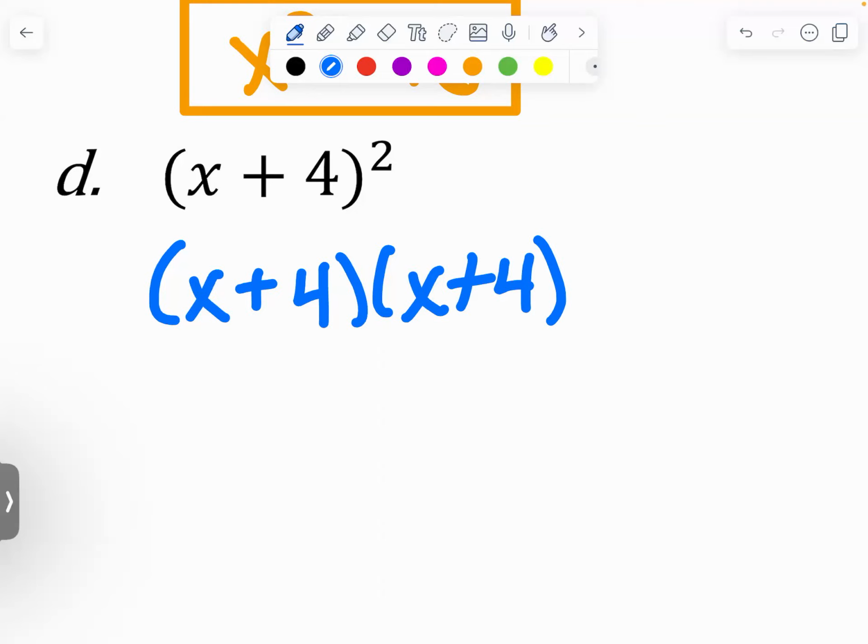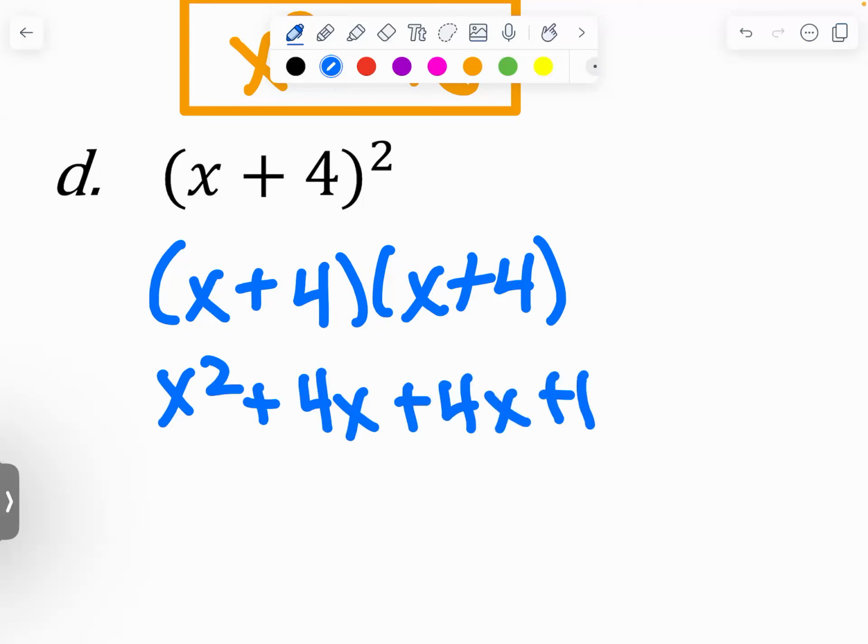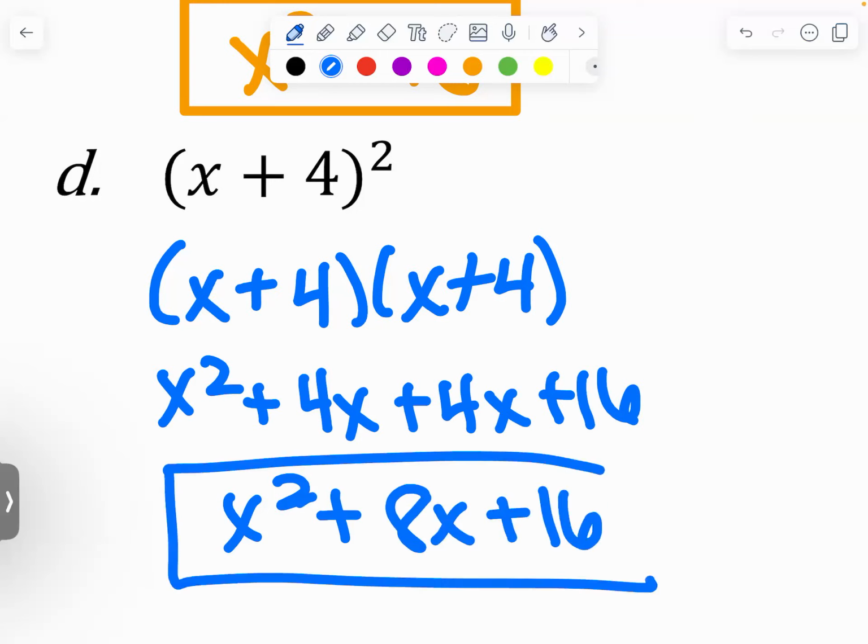My biggest pet peeve is when people tell me that this is x squared plus 16. It is not. It is x squared plus 4x plus 4x plus 16. So I want to see x squared plus 8x plus 16.